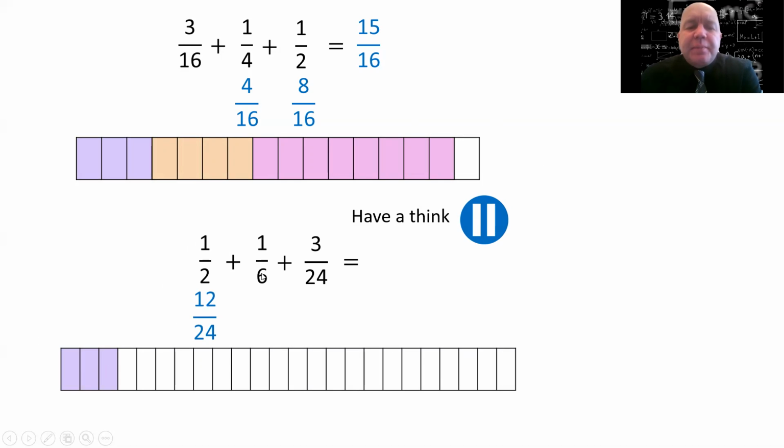What about 1/6? 6 times 4 gets you to 24. So 1 times 4 is 4. So we've got 12 24ths, 4 24ths, and 3 24ths. Let's put them all in the bar chart. There's the 12. There's the 4 more. Altogether, we've got 19 24ths.